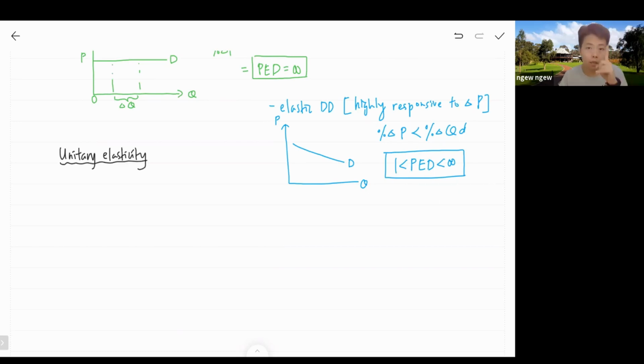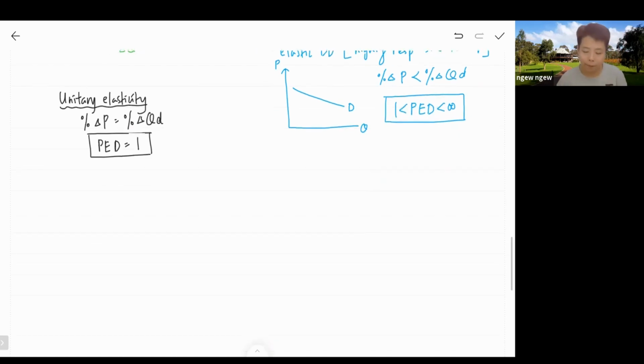Unitary elasticity is a situation when the percentage change in price is equivalent to the percentage change in QD, and therefore, based on the formula, the PED value will be equal to 1.